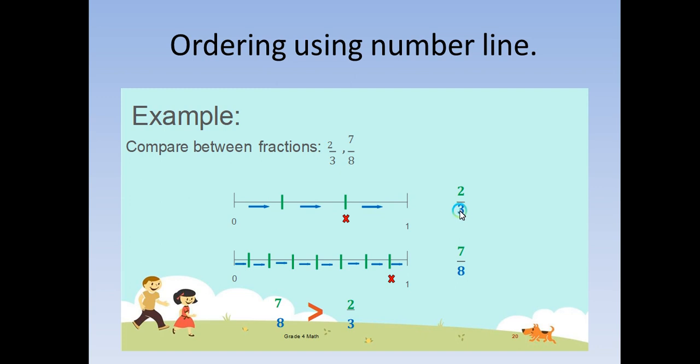This is the denominator and the green is 1, 2. That is 2/3. And here we have 1, 2, 3, 4, 5, 6, 7, 8. Our denominator is 8 and our numerator is 1, 2, 3, 4, 5, 6, 7.